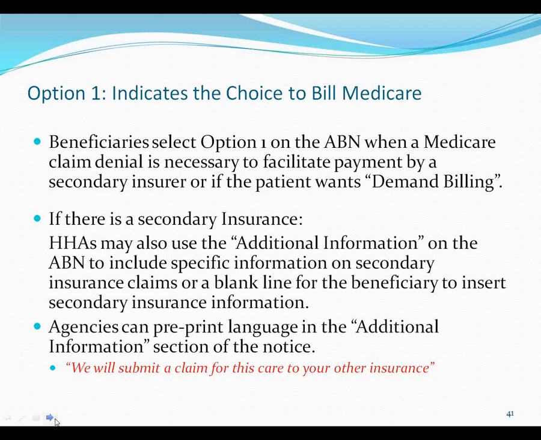And if there is a secondary insurance, in Section H, which is additional information, you would include specific information on the secondary insurance, or you could leave it blank and ask the beneficiary to insert the secondary insurance. But you are allowed to put that there.